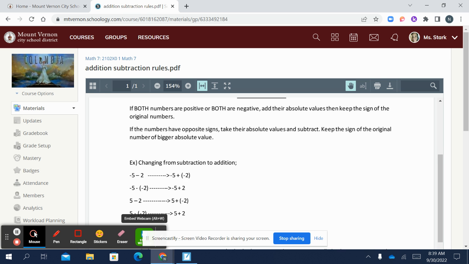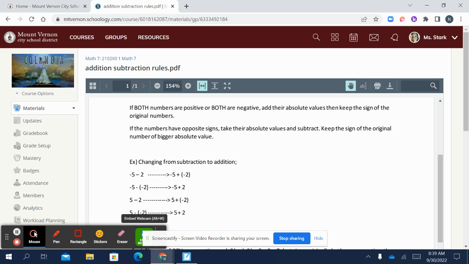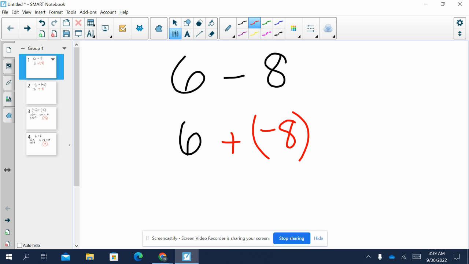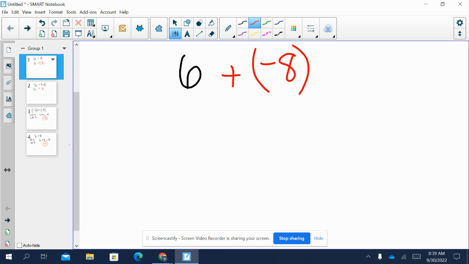The addition rules also state that if the numbers have opposite signs, so one's positive, one's negative, take their absolute values and subtract. Keep the sign of the original number of the bigger absolute value. So let's go back to these examples here. Here, there is addition between a positive and a negative number.